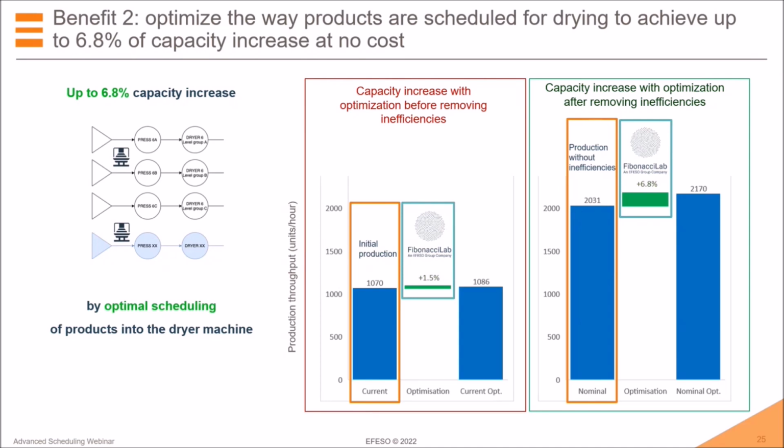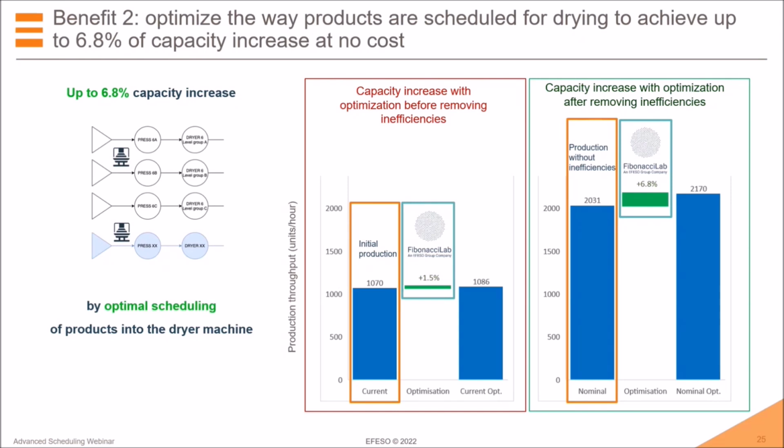So we are simulating the overall production process in order to understand the effect on the overall set of operations. We discovered, for example, that the maximum possible increase in throughput in a condition where you have a lot of losses is 1.5%, and it can go up to 6 or 7% if those are removed. But the good thing is that the digital twin is dynamic, so the optimization adapts and finds the best solution under varying conditions.